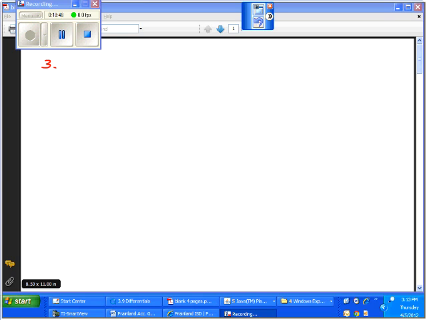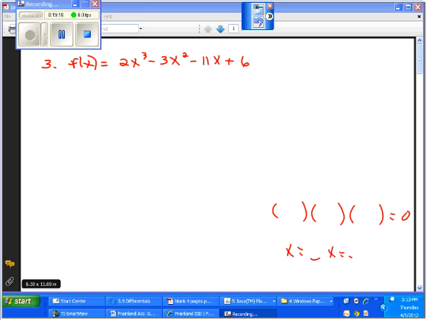Okay? And so we're going to take f of x is equal to 2x cubed minus 3x squared minus 11x plus 6. And we're going to actually try to come up with all of the factors and get all of the zeros.